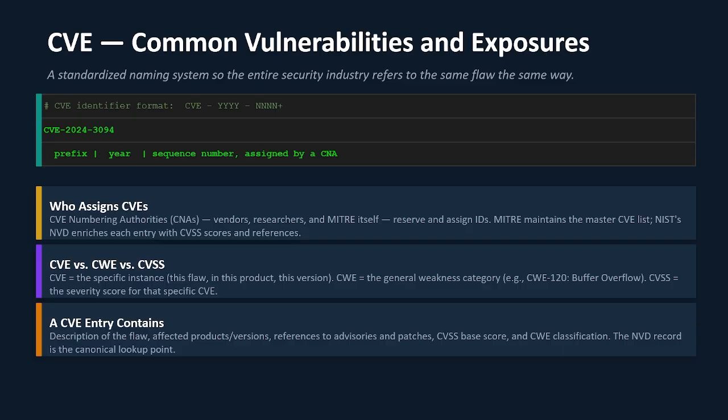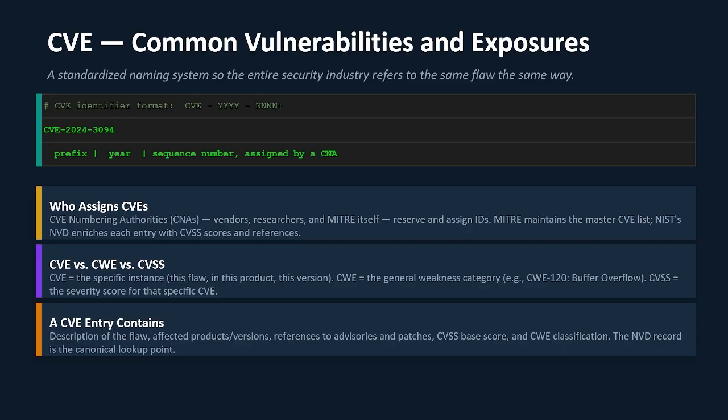CVE, like we said, is Common Vulnerabilities and Exposures, and that's the specific instance of a particular flaw in a particular product with a particular version. There's also CWE, which is Common Weakness Enumeration, a more general weakness category, like buffer overflow or remote code execution, something which isn't tied to a specific product or service.